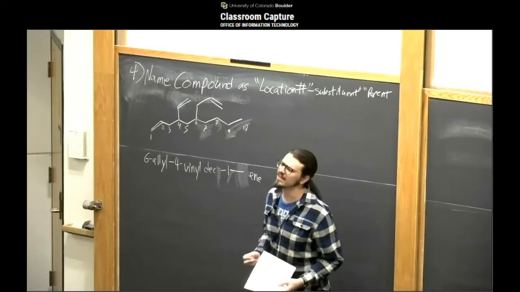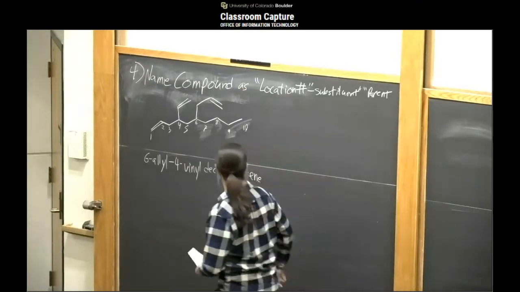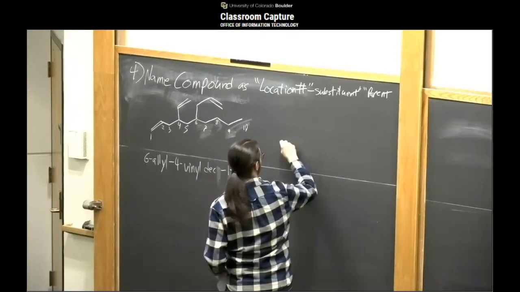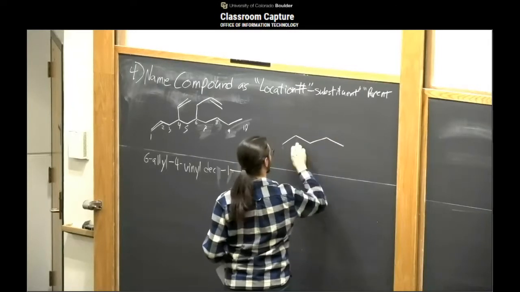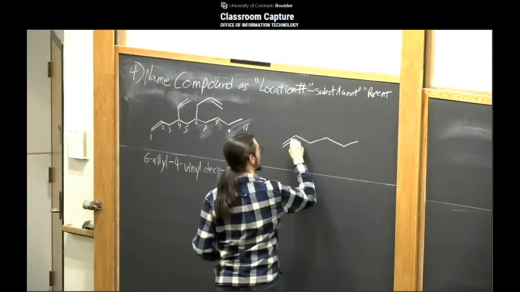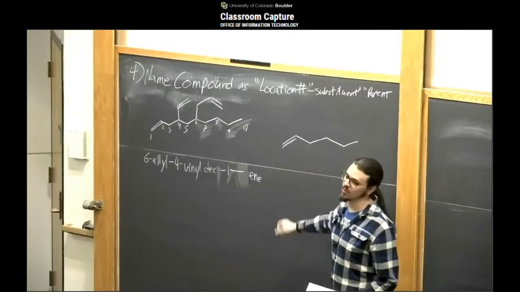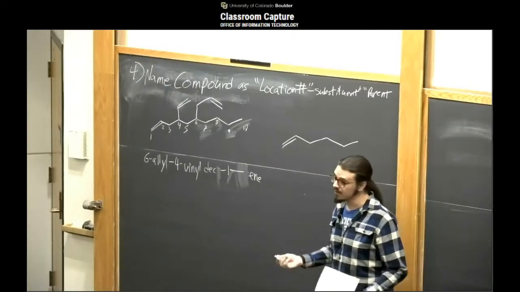Or so in general, if we had, say, a 6-membered chain, this molecule is going to be 1-hexene or hex-1-ene.